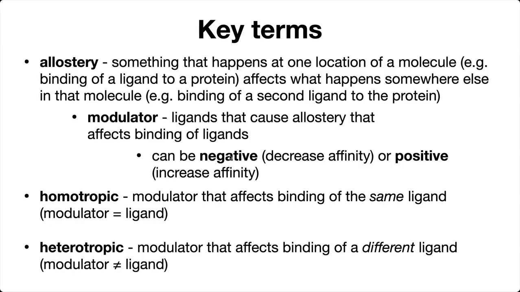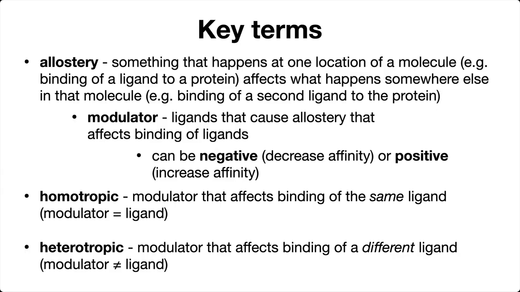And this could be negative, where it decreases the affinity of the other thing, or positive, where it increases the affinity. So when we talk about hemoglobin, we can say that oxygen is acting as a positive modulator, causing allostery that affects the binding of further oxygen molecules, and it's doing so in a way that increases the affinity.